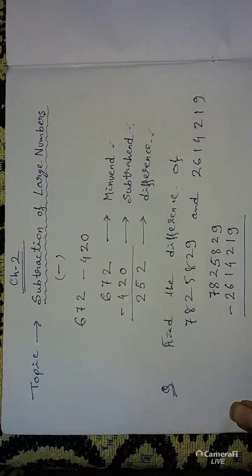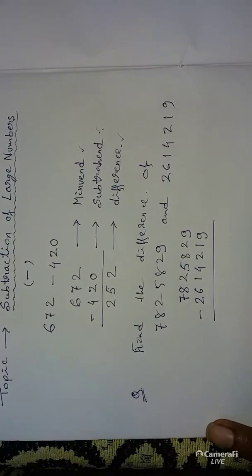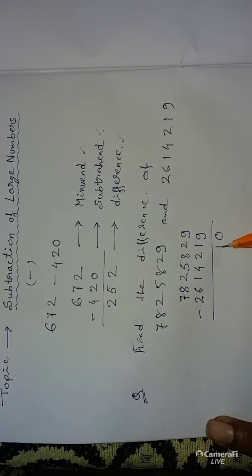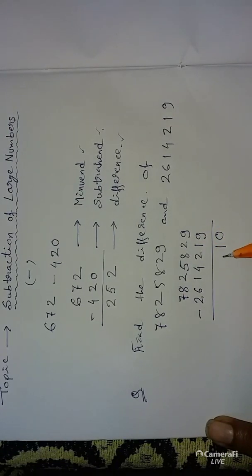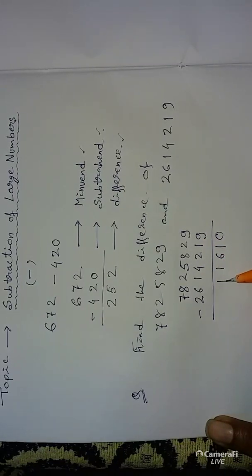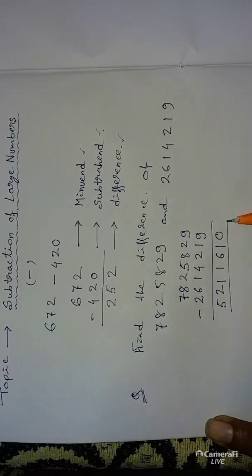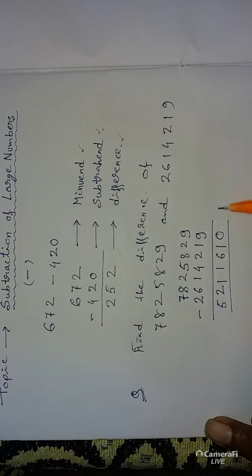subtraction sign. Now let us do it. Here 9 minus 9 is 0, 2 minus 1 is 1, 8 minus 2 is 6, 5 minus 4 is 1, 2 minus 1 is 1, 8 minus 6 is 2, 7 minus 2 is 5. So the difference becomes this one.